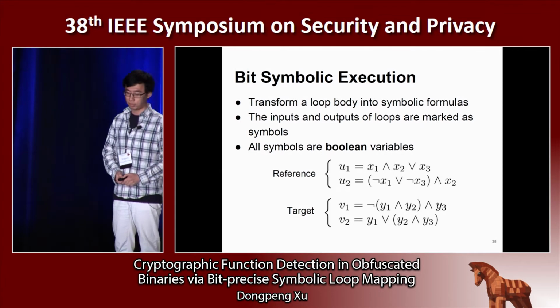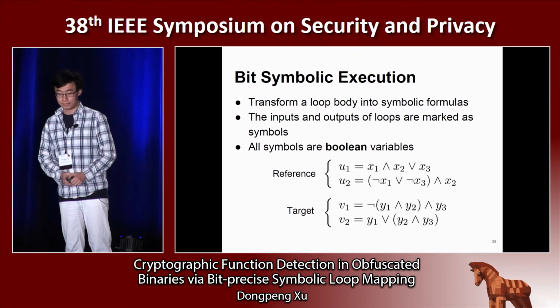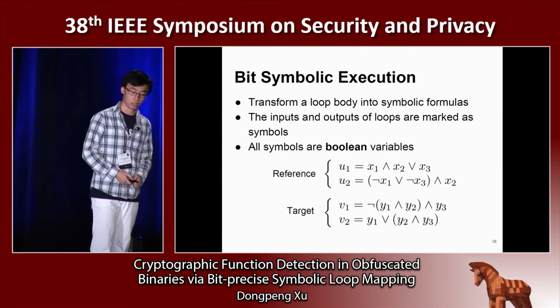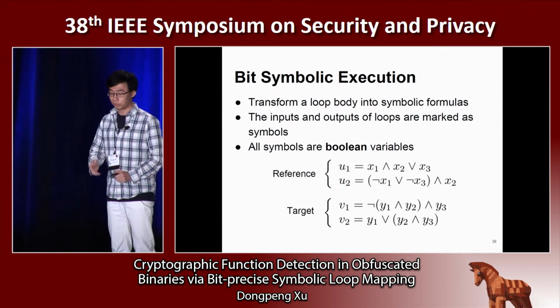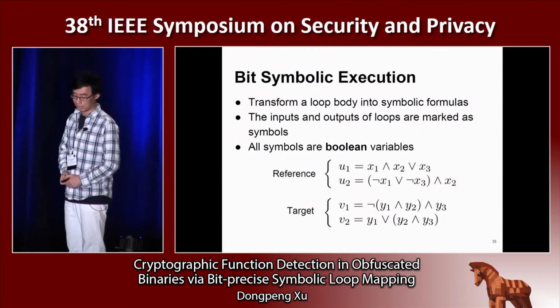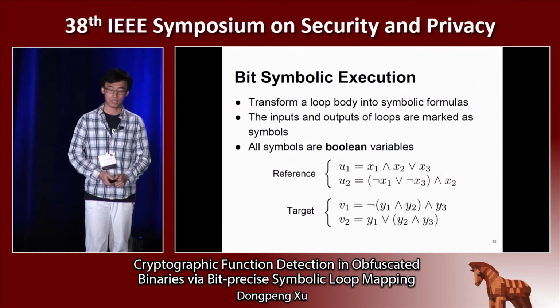Here I show an example of the reference formula and target formula. x1, x2, x3 are inputs of the reference formula, and u1 and u2 are output variables. Similarly in the target program, y1, y2, and y3 are inputs, and v1 and v2 are outputs.